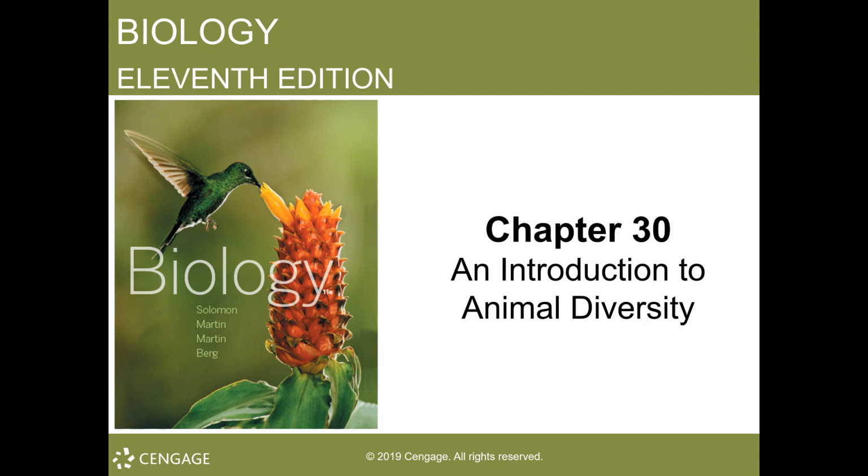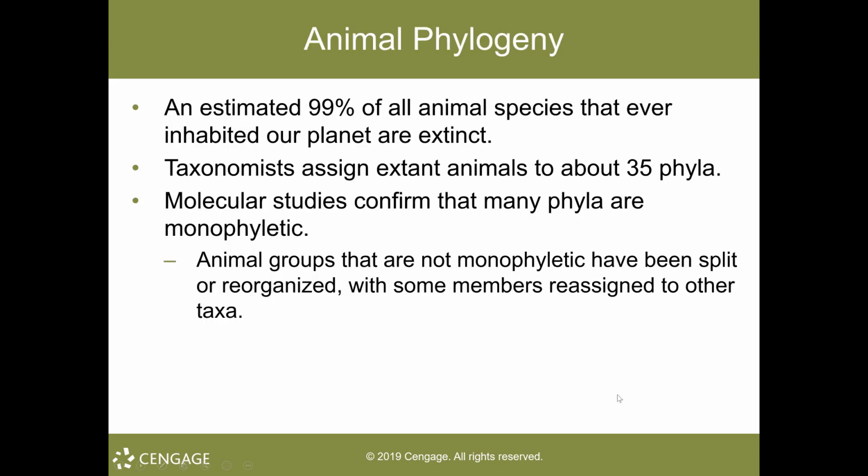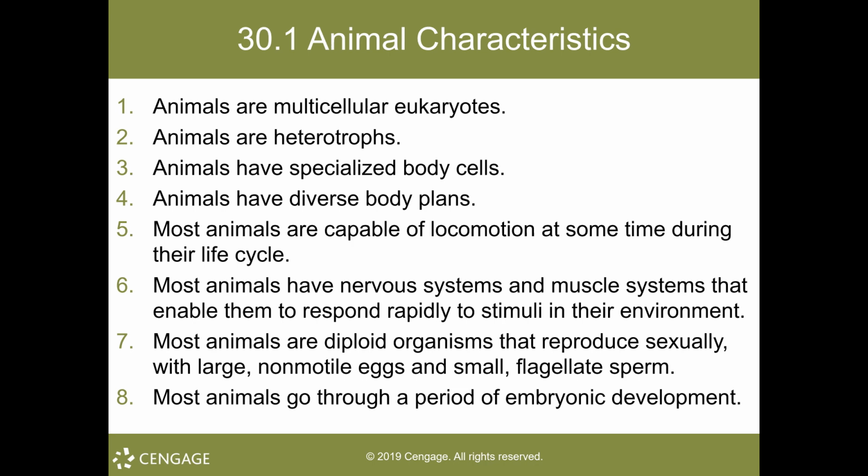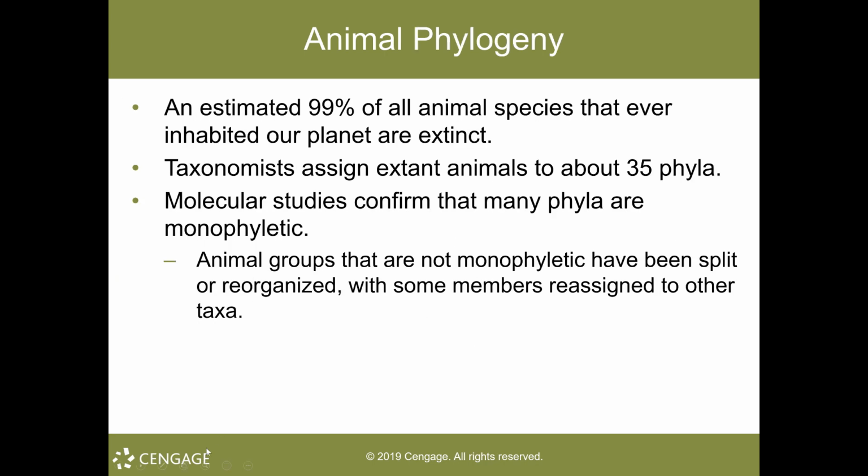Interestingly enough, an estimated 99% of all animal species that have ever inhabited our planet are now extinct. Keep that in mind, class, as we continue. So just know that there are animals that are in existence, however, many of those animals are no longer here today.